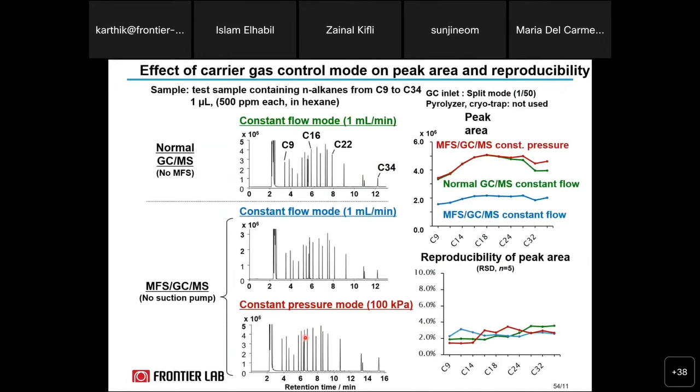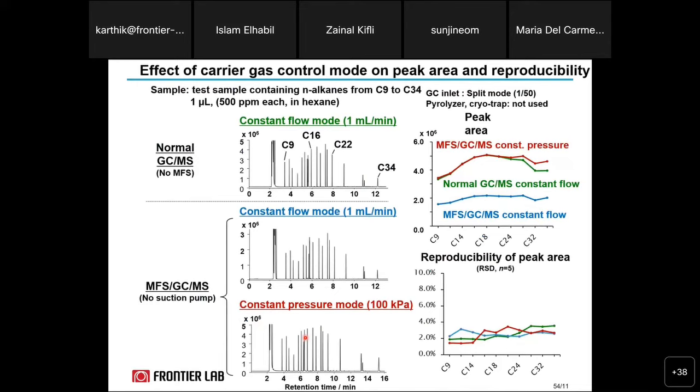The other parameters that may influence the analysis are the flow rate and also the temperature variation, and how it affects the linear velocity of the carrier gas, which we have to investigate.